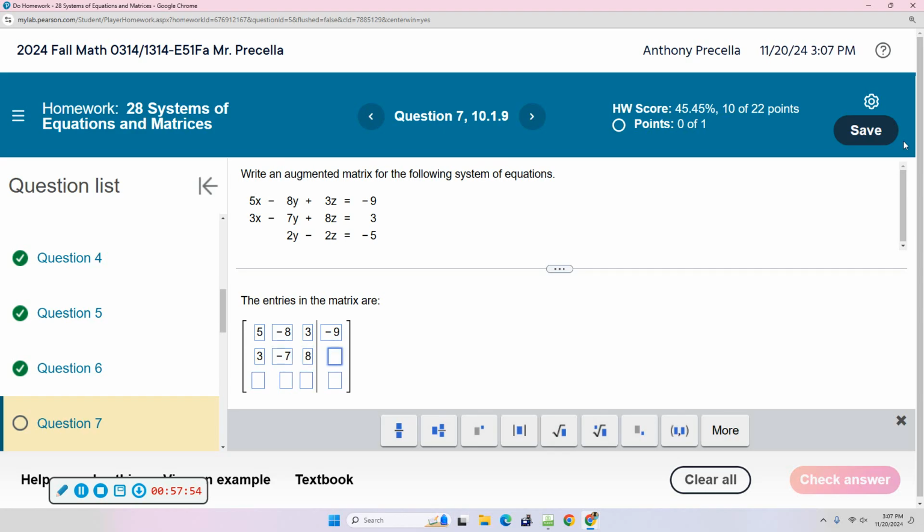I guess we didn't really need to write that out, did we? Gotta put a number, 0, 2, -2, -5.